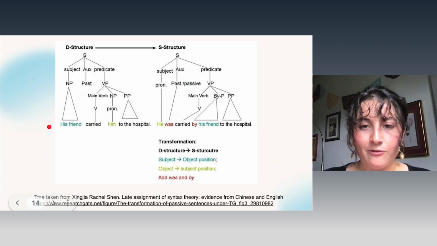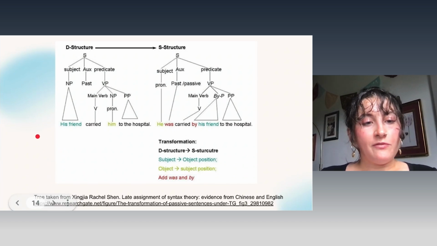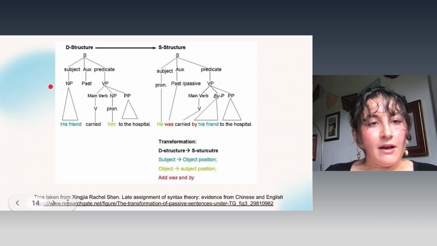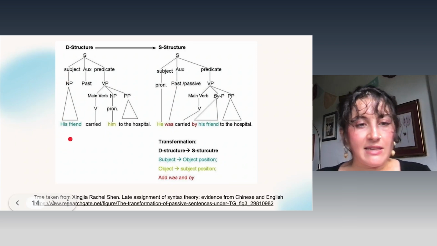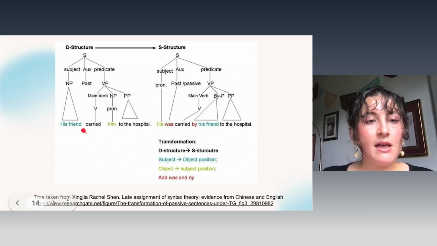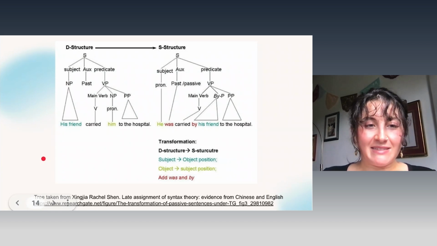So again, don't worry about understanding every part of this tree, and I took this tree from Xingjia Rachel Shen, so thank you to her. So this sentence is, his friend carried him to the hospital. So this is a sentence in active voice. And I just want to show you this cool thing that happens when we passivize English sentences.